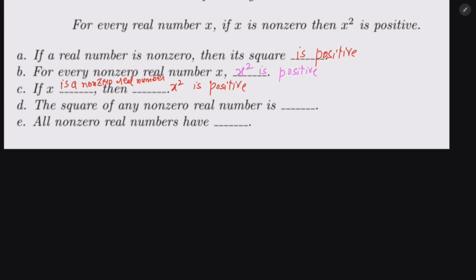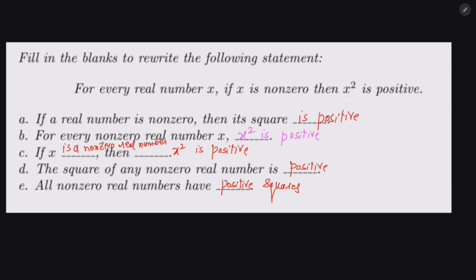Part D, for example: the square of any non-zero real number is positive. All non-zero, so all is the universal statement. All non-zero real numbers have positive squares.